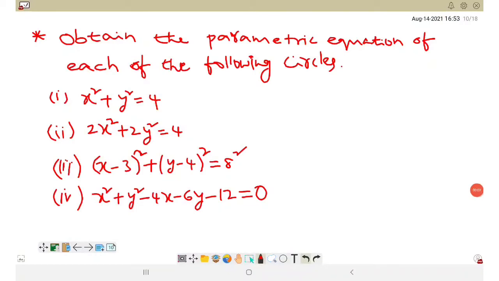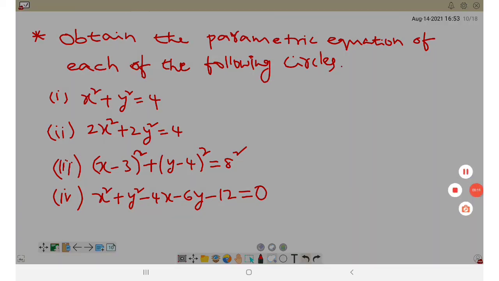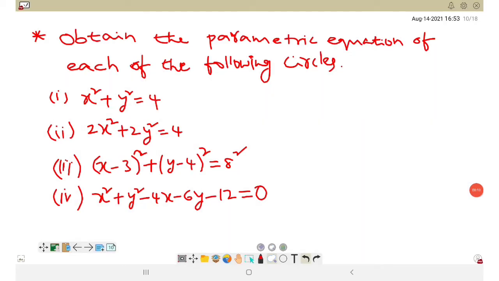Next, obtain the parametric equation of each of the following circles. So the first one is x square plus y square is equal to 4. Find the parametric equations. The given circle is x square plus y square is equal to 4.